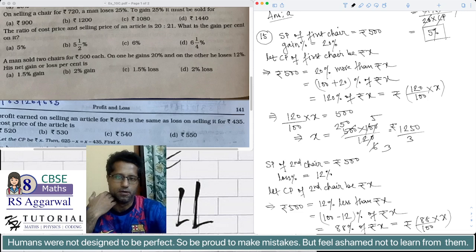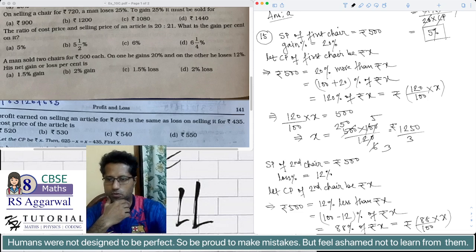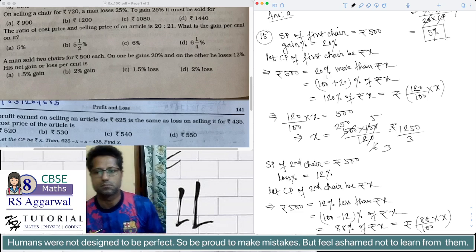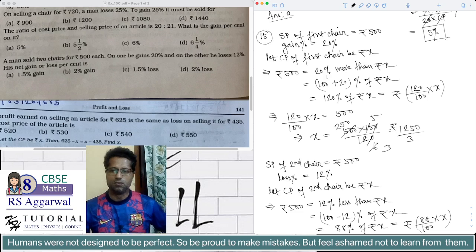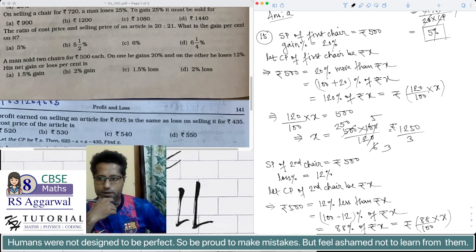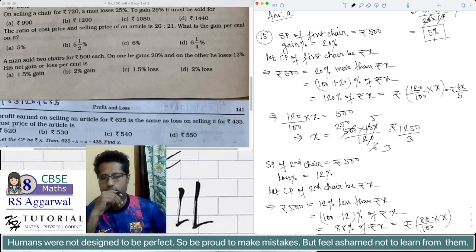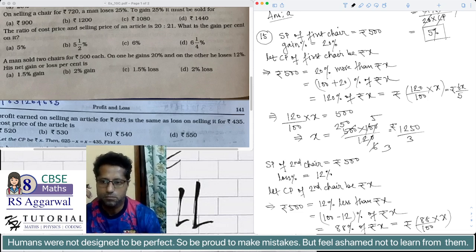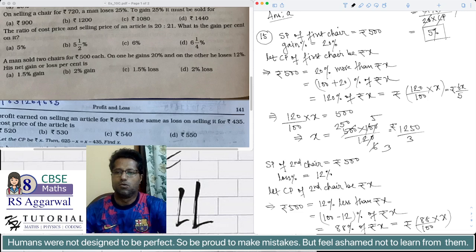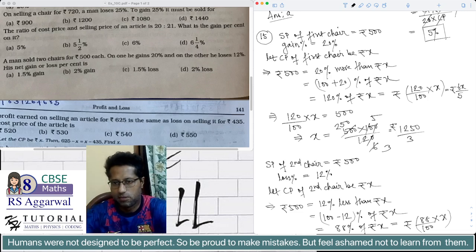20% more means 100 plus 20% of rupees X, which is equal to 120% of rupees X, which is equal to 120 by 100 into rupees X, or this is actually equal to, after simplification, 6x by 5. Okay, it is fine. 120 by 100 into X is equal to 500.